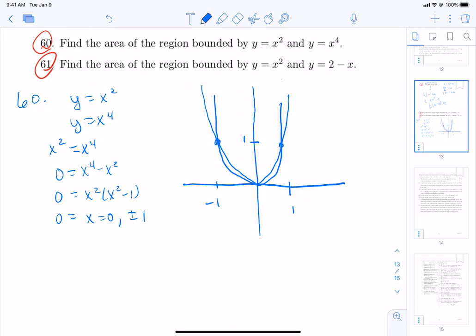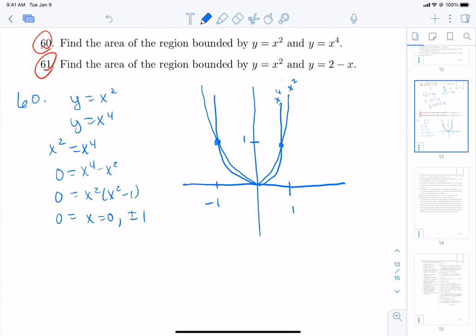Now, how can you test that? Well, you could plug in a half. 1/2 squared is 1/4, but 1/2 to the 4th power is 1/16. So it's even lower. It's closer to the x-axis. So this is your x to the 4th, and this is your x squared.